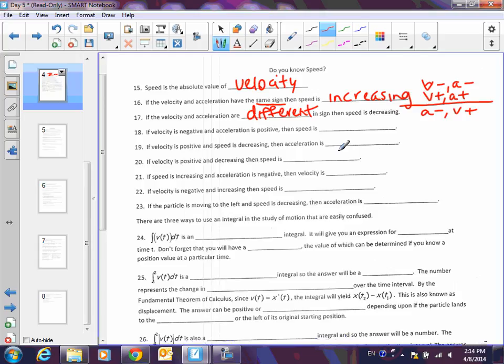Go ahead and see how many you can do on your own. Understand one, skip it, and go on to the next one.